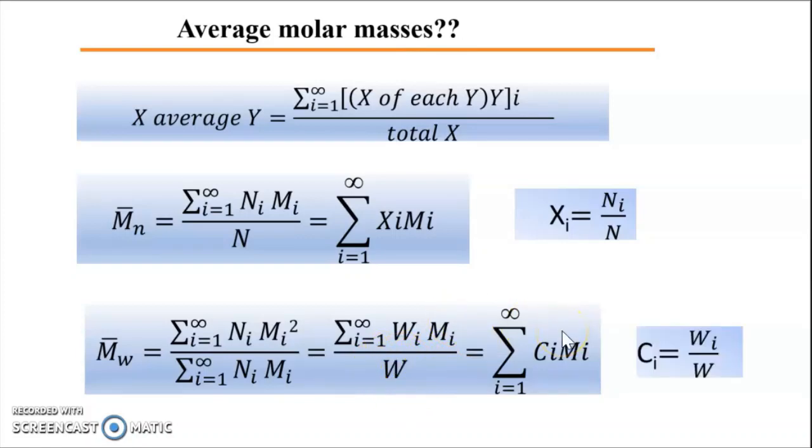And if I also replace Ci by its value Wi over W, I will get back the formula of Mw, which is equal to the summation of CiMi.